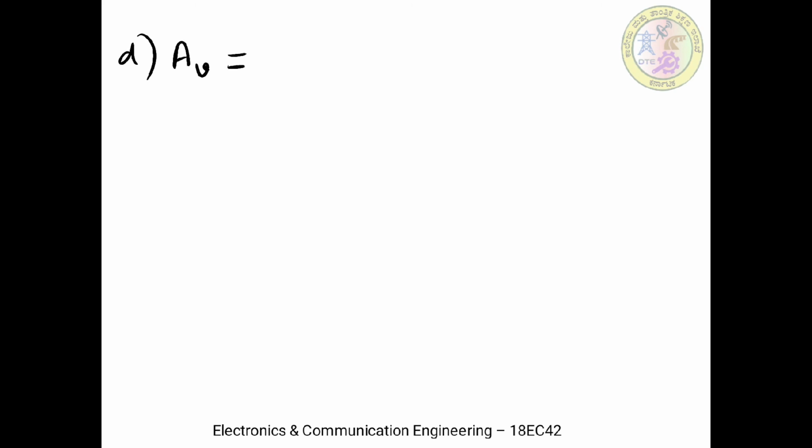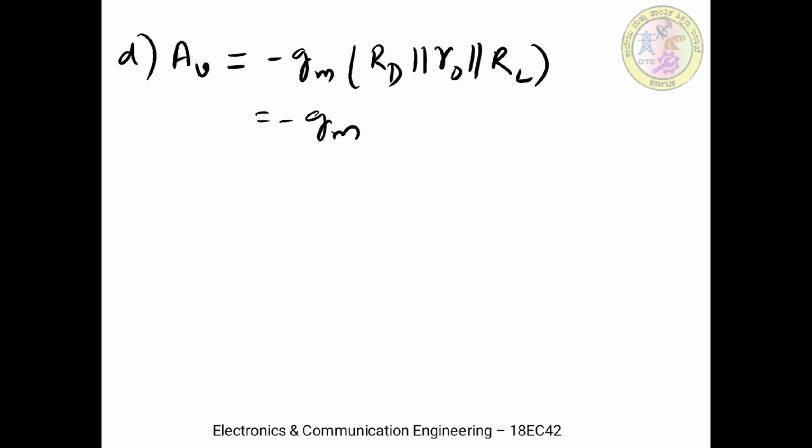So first of all let us calculate the voltage gain AV. It is minus Gm into, now all these resistors are going to be connected in parallel, Rd, r0 as well as RL. But here we know that Rd parallel with r0 will be almost equal to Rd only, so we are left with only Rd parallel to RL.